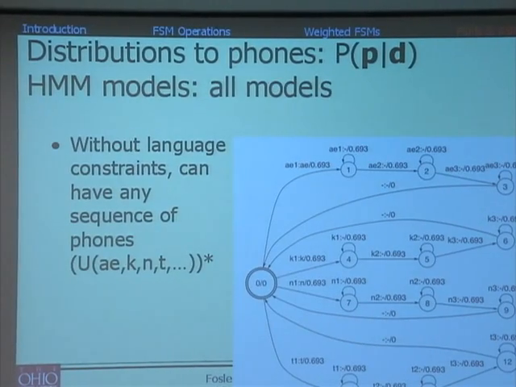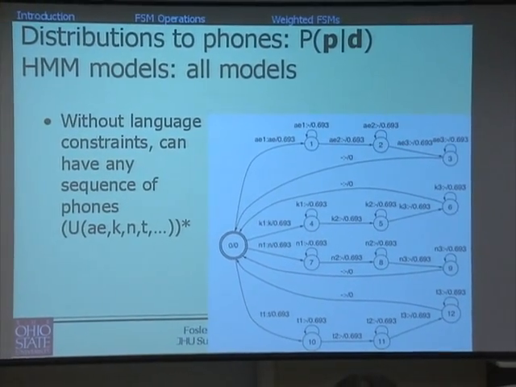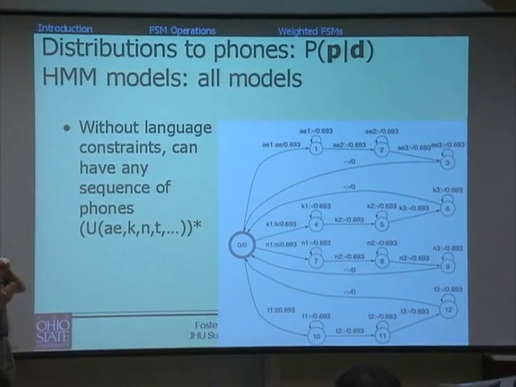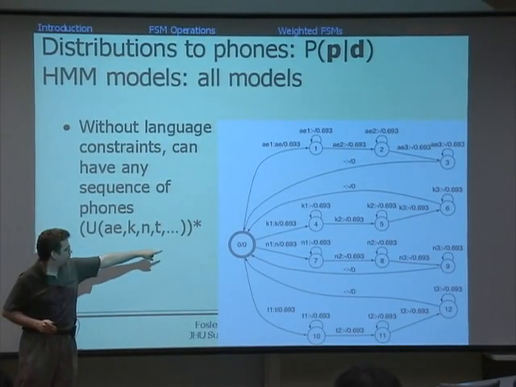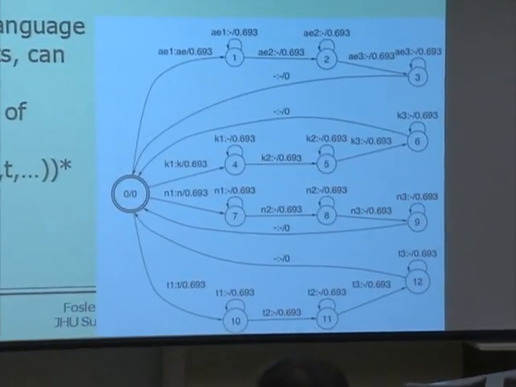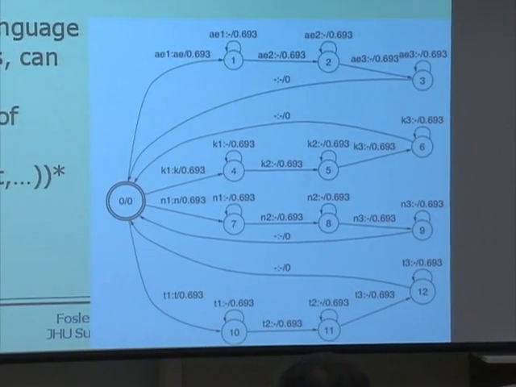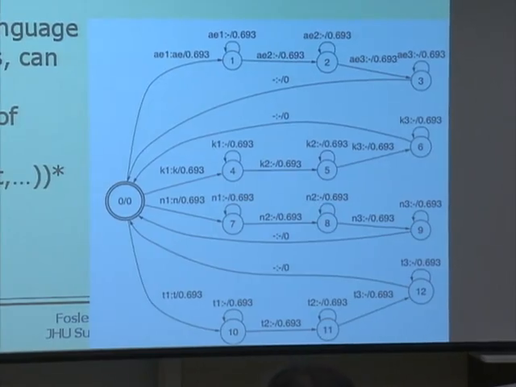Now, that was just the model for a. I might actually want to have other sounds in my language, so I'm going to put in another model for k, another model for n, another model for t. And I'm going to take the union of these, and I'm going to take the closure of the union of these, because I want any number of sounds to follow themselves.